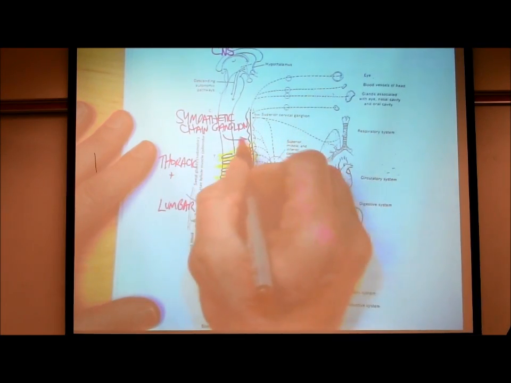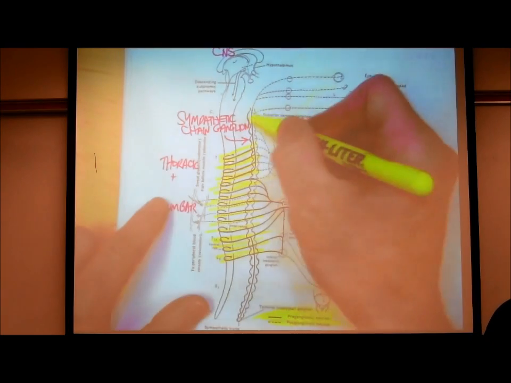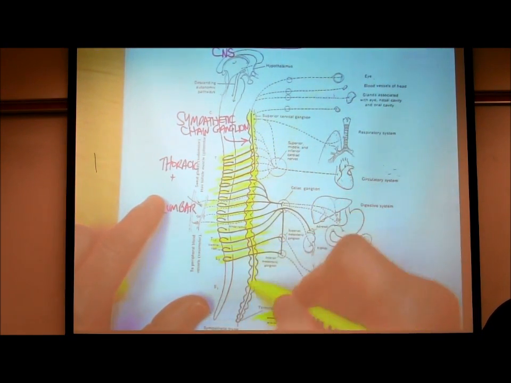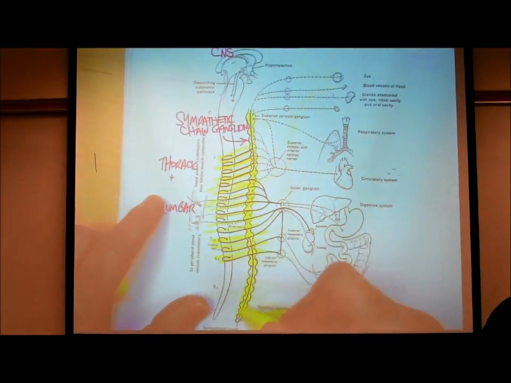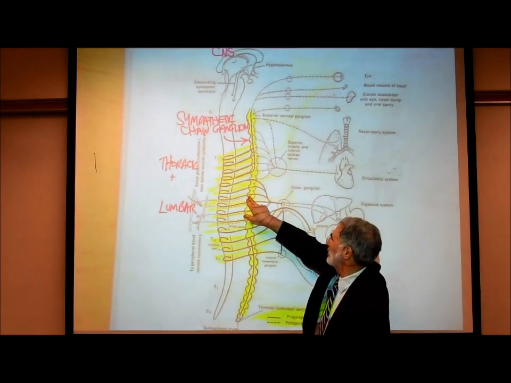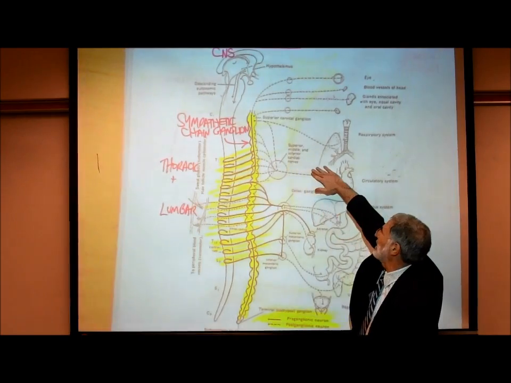And you'd say, what is this thing right here? And I'll kind of just highlight it. And this is where many, not all, of the sympathetic preganglionic fibers synapse onto sympathetic postganglionic, represented by the dashed lines.